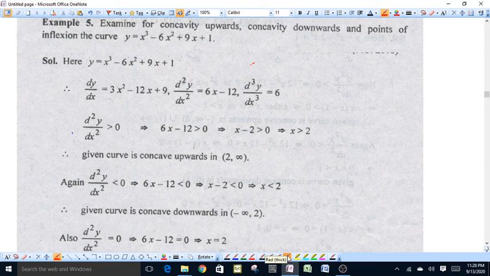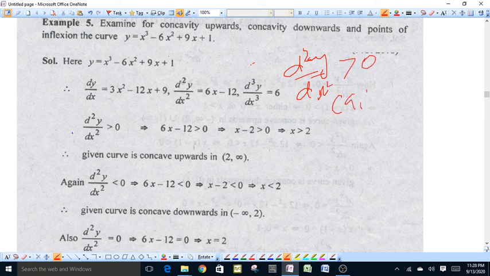We have already studied that a curve will be concave upward if the second order derivative of the curve is positive for some given interval, and the curve will be concave downward if the second order derivative of the curve is negative.